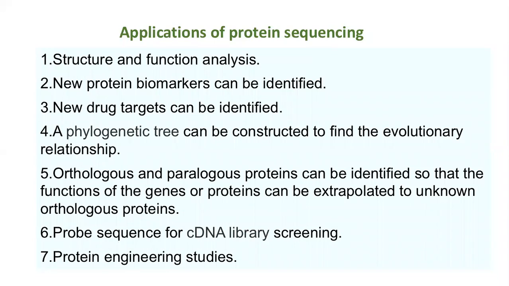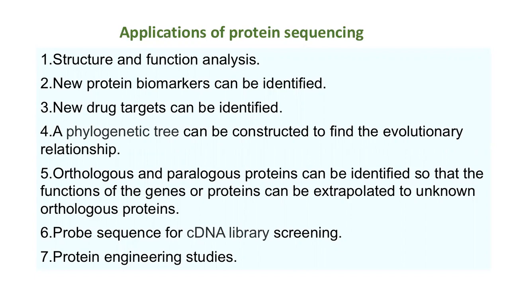And speaking about the protein sequencing applications, as we said earlier at the beginning of the lecture, once you know the sequence, you could understand the structure and function of the protein. New protein biomarkers could be identified, as well as drug targets. Then we could construct the phylogenetic tree to understand the evolutionary relationship between different groups of proteins.